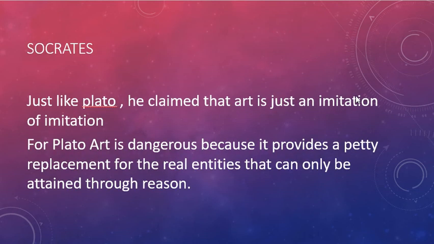Let's now move to Socrates. Just like Plato, he claimed that art is just an imitation of imitation. For Plato, art is dangerous because it provides a petty replacement for the real entities that can only be attained through reason. The imitation that was created from the original is being imitated again and presented in another perspective.